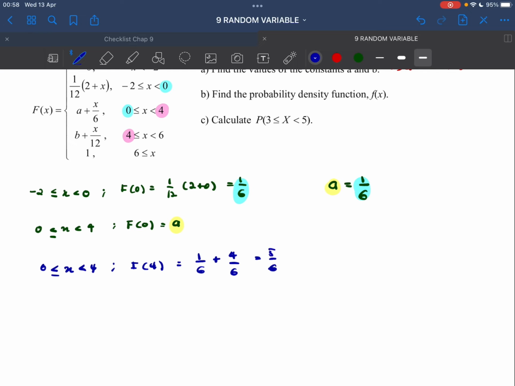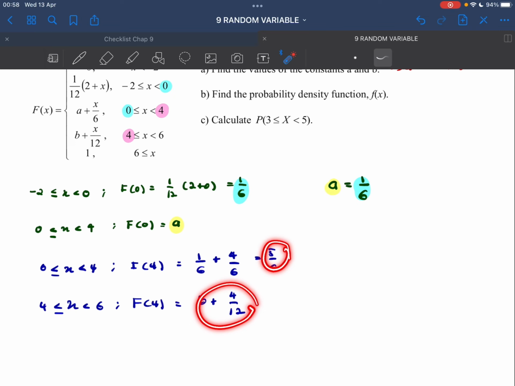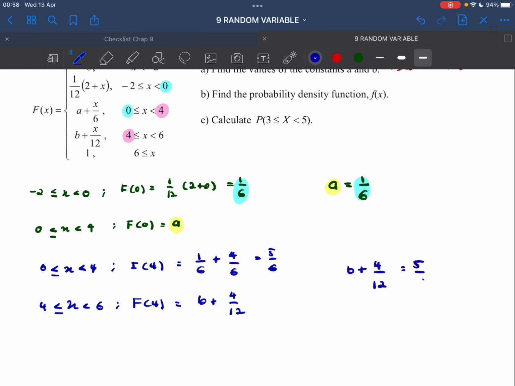For the range x between 4 and 6, we substitute 4 into the function and have b plus 4 over 12. We equate both of these: b plus 4 over 12 equals 5 over 6, and you get b equals 1 over 2.